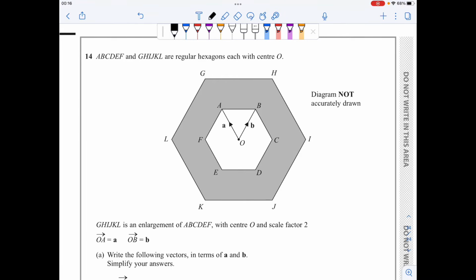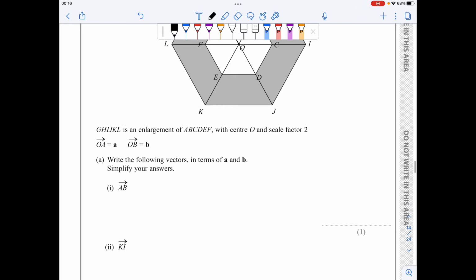For question 14, I'll start by dividing the hexagons into equilateral triangles. Now, because the scale factor is 2, this means that each side of the big one is twice the side of the small one. So let's start with part I. I need to find AB.